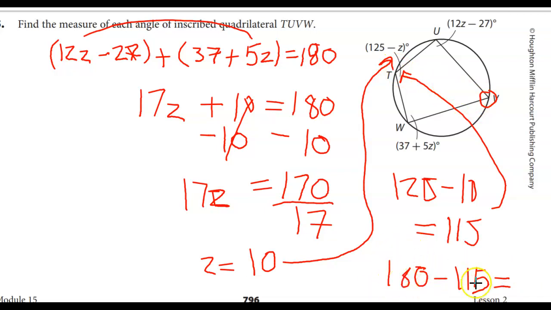So I just subtract one side from that, and I get 65 degrees. That goes right here. Now I know the measurement of all of them: 115 right here, 65 right here. If I wanted to define these sides, I just plug in 10 for z, and that way I can find all my sides.